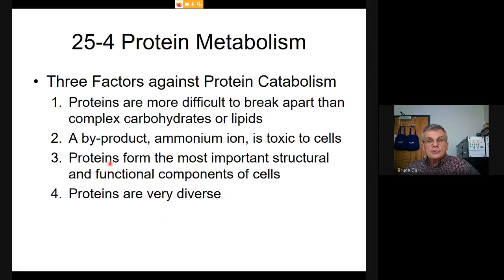Now, 3 things contribute to a difference with protein, and this is one of the reasons for the popularity of the protein diet. If you eat pure protein, you can get enough ATP, but your body is also working hard in order to process those amino acids in that way. Proteins are more difficult to break apart than the carbohydrates or the lipids. There's one repeating process to break down fatty acids.